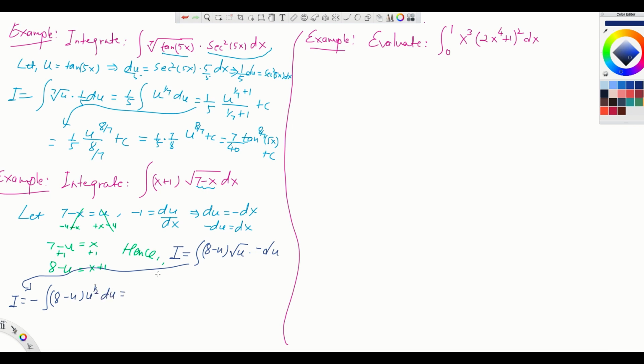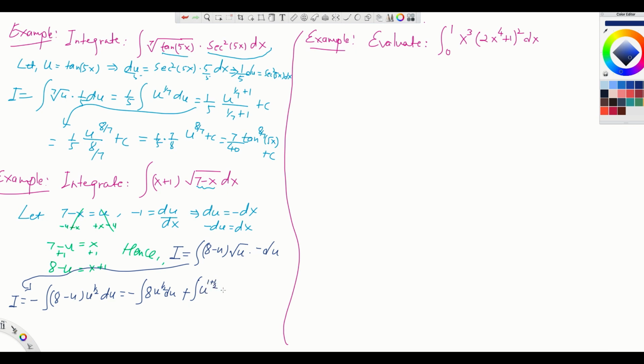How do I do this? I need to distribute this to both 8 and u, right? So negative 8 u to the 1/2 du, and then minus, oh, that will be plus, right? Because negative times negative is positive, right? You can write that as positive. And then integral u times u to the 1/2 will be u to the 1 plus 1/2.